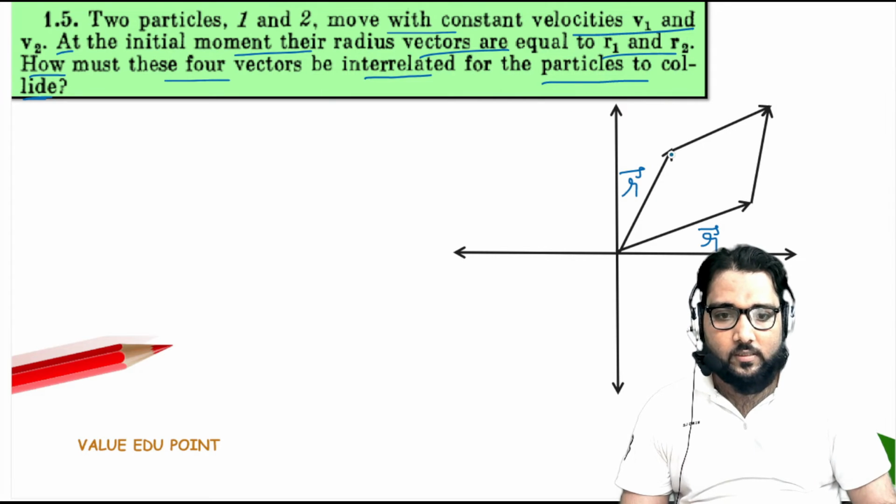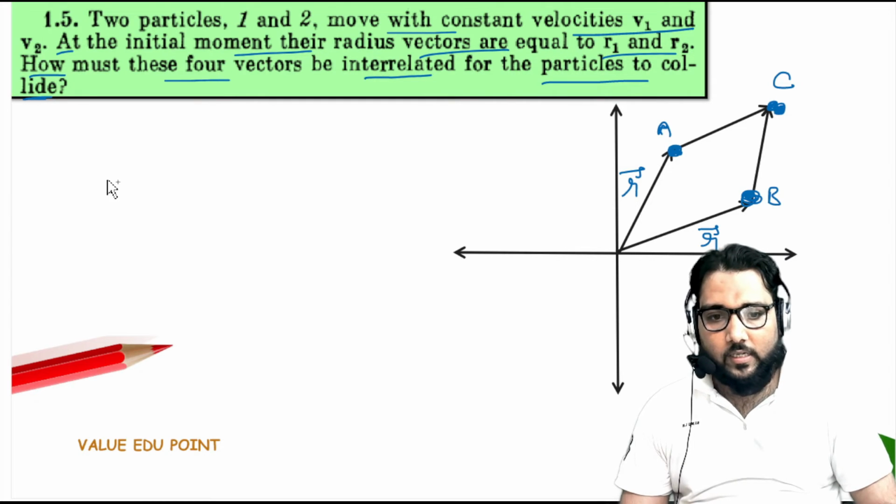This is particle A, this is particle B, and they collide here. This is the collision vector, r3. This is r1, this is r2, this is r3, guys.